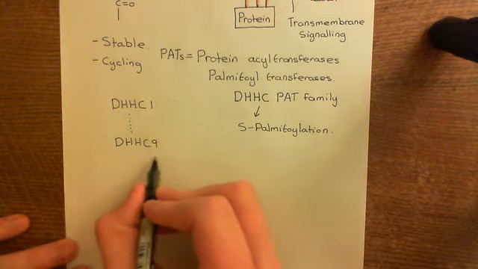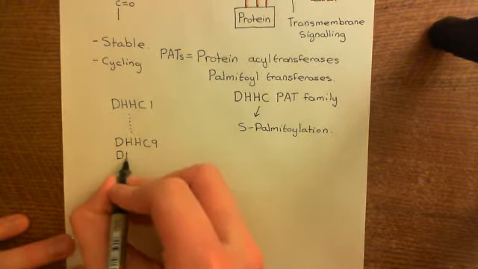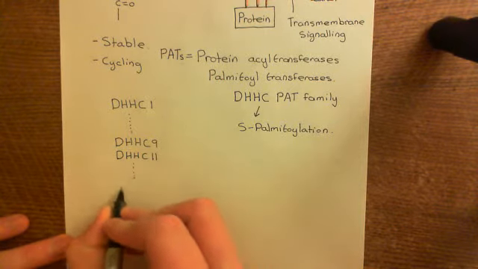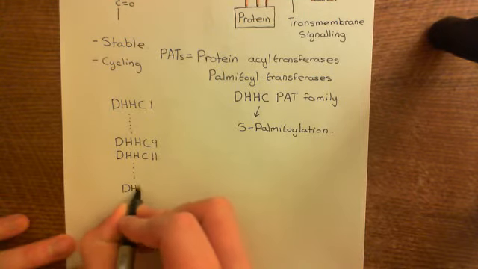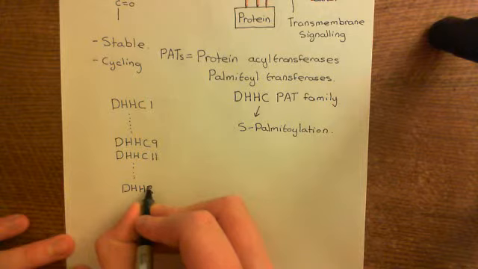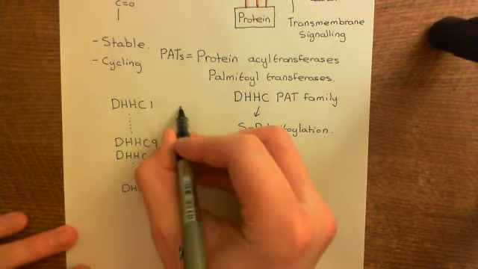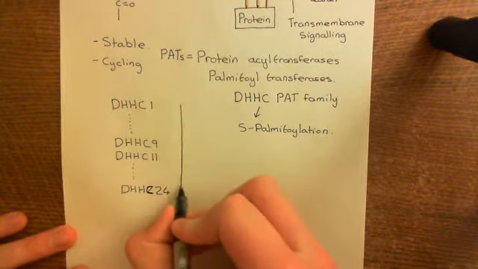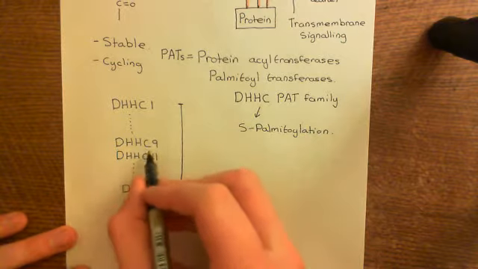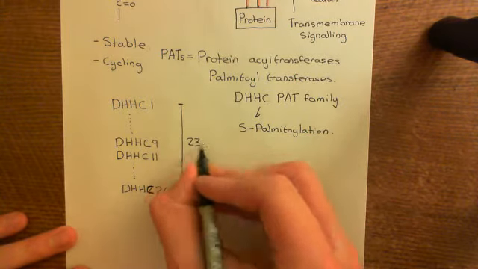Then you omit DHHC 10, and then you go straight on to DHHC 11, and then after that you go all the way on to DHHC 24. So even though there are 23 enzymes overall, the numbering system goes up to 24, and the reason is that you omit DHHC 10. There is no DHHC 10.